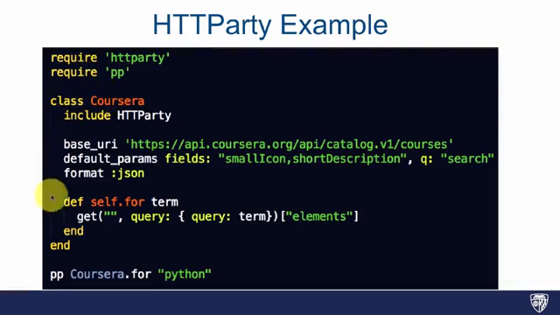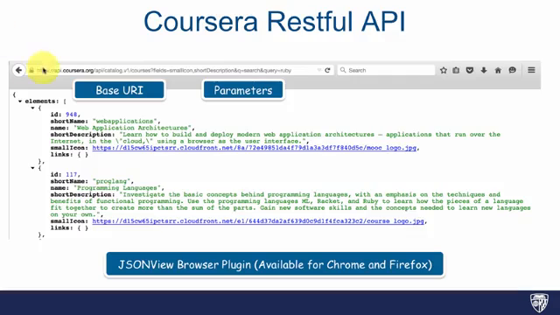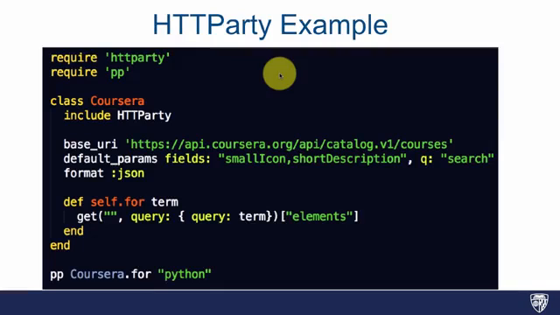Okay, so this is our Coursera class. We include the HTTParty module. And now we specify, based on what we figured out, based on this URL that we put into a browser, our base URI is going to be this. Then our default params, assuming that we actually want to always get back all of these fields for all the requests, we would specify the fields request parameter, which is comma separated.